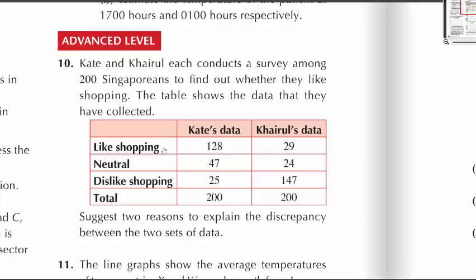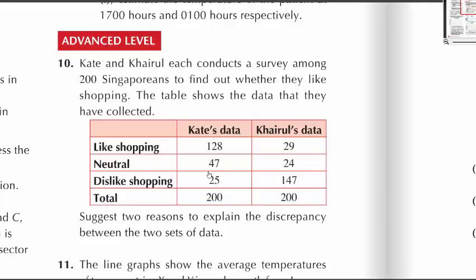You can see for Kate's data, 128 people love shopping, but Kairu's data showed very few people love shopping. And Kate's data show 25 people dislike shopping, but Kairu's data show a lot of people dislike shopping. And they both interviewed the same total number of people, which is 200.